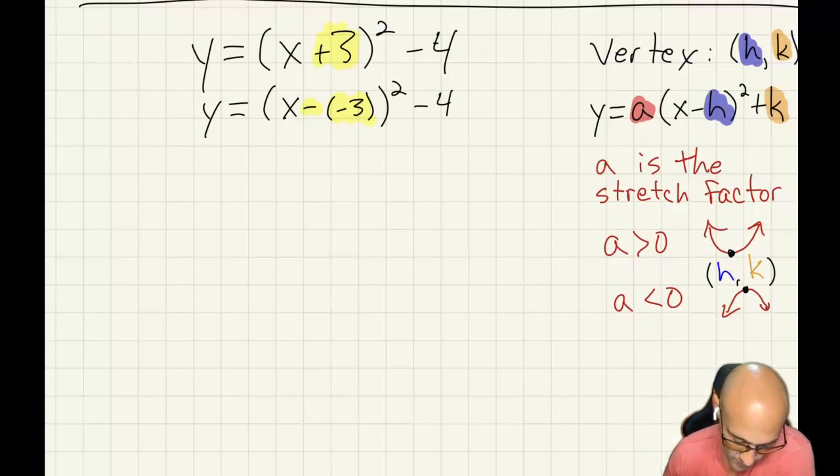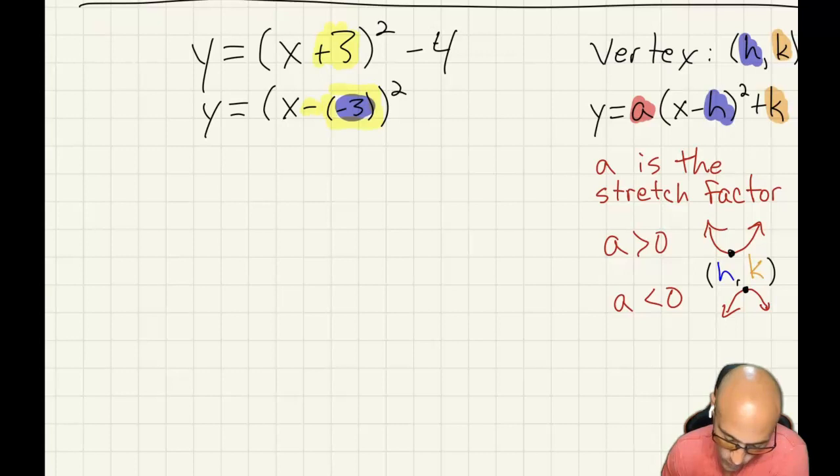You know what? I shouldn't have made that yellow. I'm going to make this now blue, because that is our h. And I'm going to have this outline saying that's where it came from. It came from the 3 above, but the negative 3 is our h. And this is the same out here.